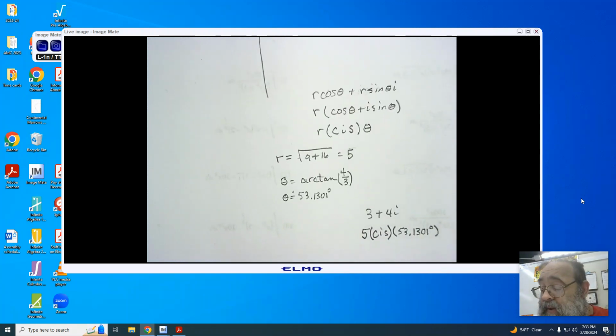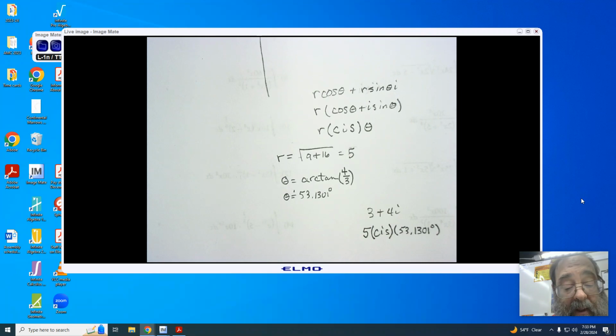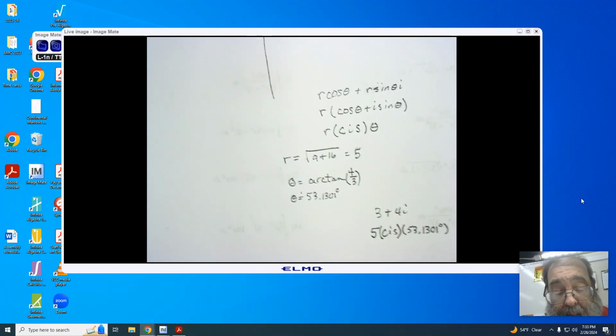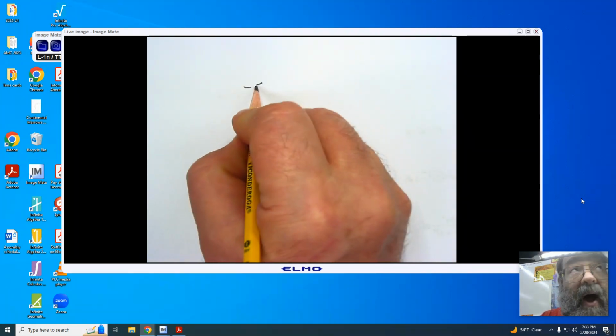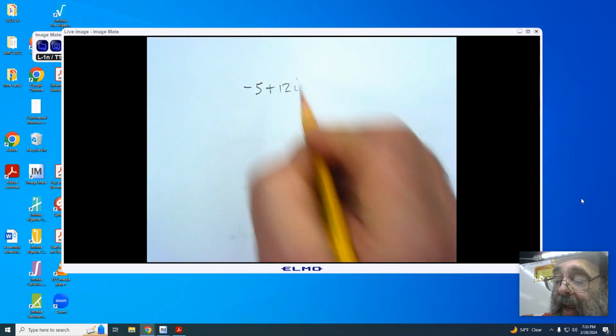Once again, this is what we refer to as polar form versus rectangular form. And that's what we're trying to do. So we can take any angle and we can work with it. So let's take another one and let's find what is negative 5 plus 12i.